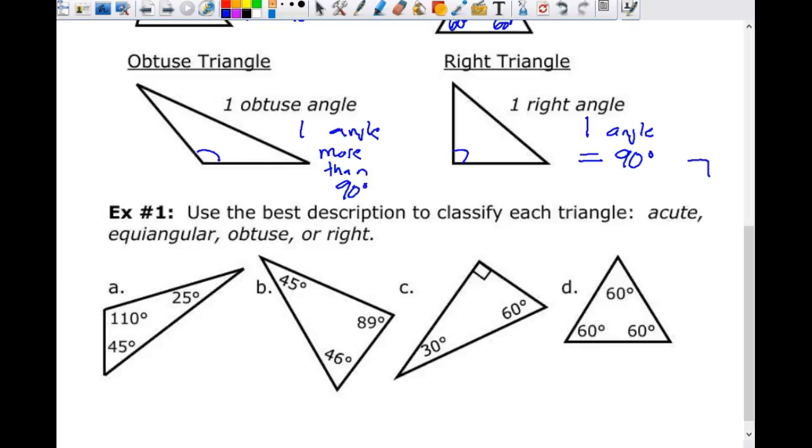You look for the largest angle. The largest angle is 110. That's more than 90. This is an obtuse triangle. Good job. Daniel, you can choose someone. The largest angle is 89, and that's an acute angle, so this is an acute triangle.